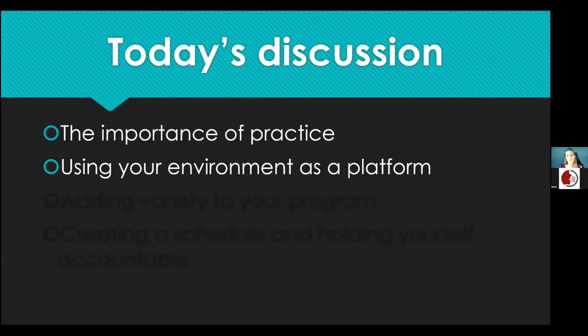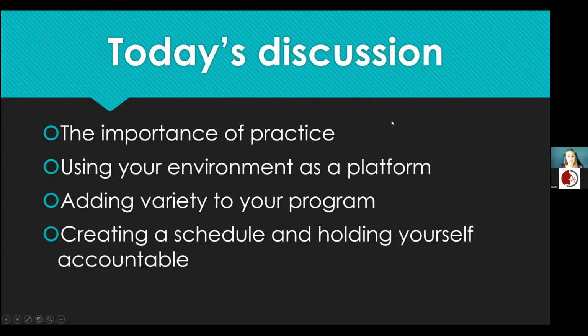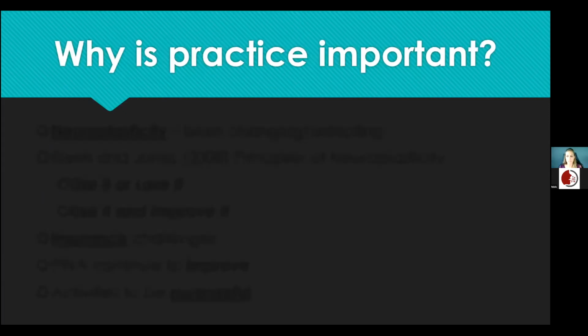And we'll talk about some specific ways, and I'm going to give you a good handful of examples of how you can do this. I'm also going to talk about why variety in a home program is really crucial for sticking to the program and for ongoing success. And then I'm also going to share how creating a schedule and a daily routine can really help to hold yourself accountable and allow for a stronger commitment towards your daily practice program. So let's get to it.